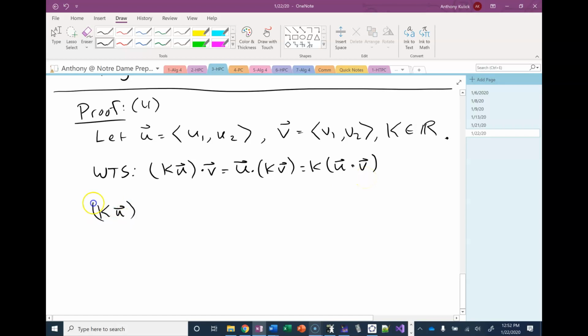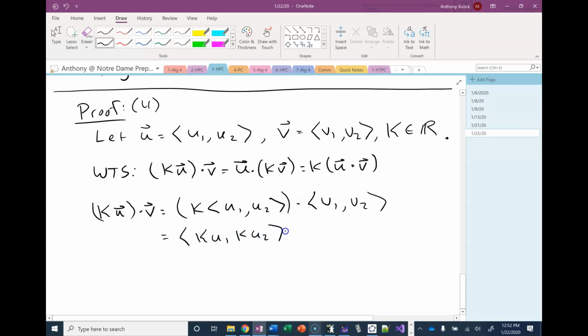So let's just take the first piece. I'm going to start by replacing the vectors with their component forms. Then I'm going to do the scalar multiplication. And then I'm going to do my dot product.